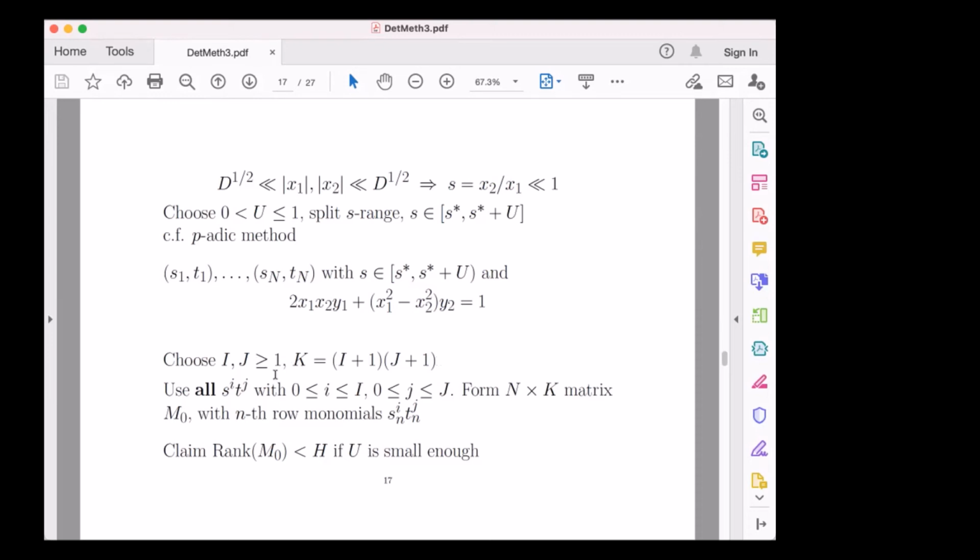Now, I'm going to stress that we use all of these. We don't have a constraint corresponding to the one that said that the exponent had to be less than some little d. We just use all the available monomials, and we'll see how that pans out in a moment.